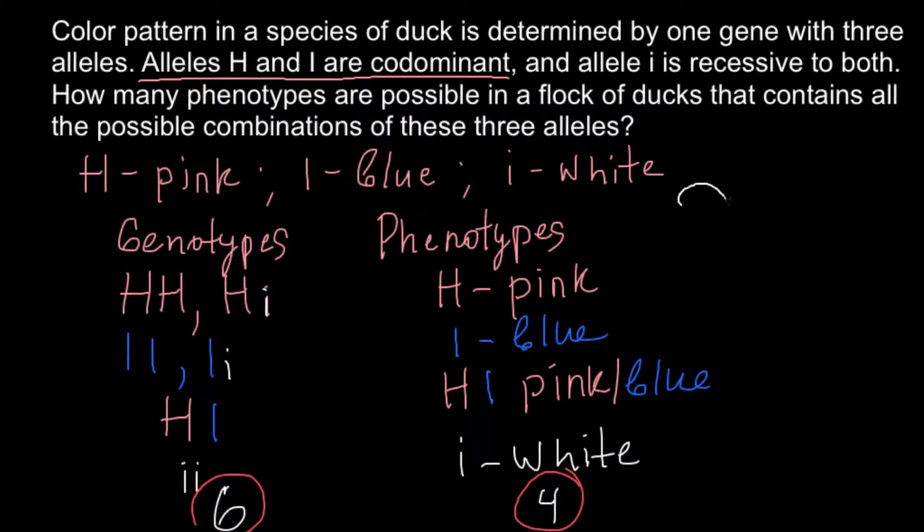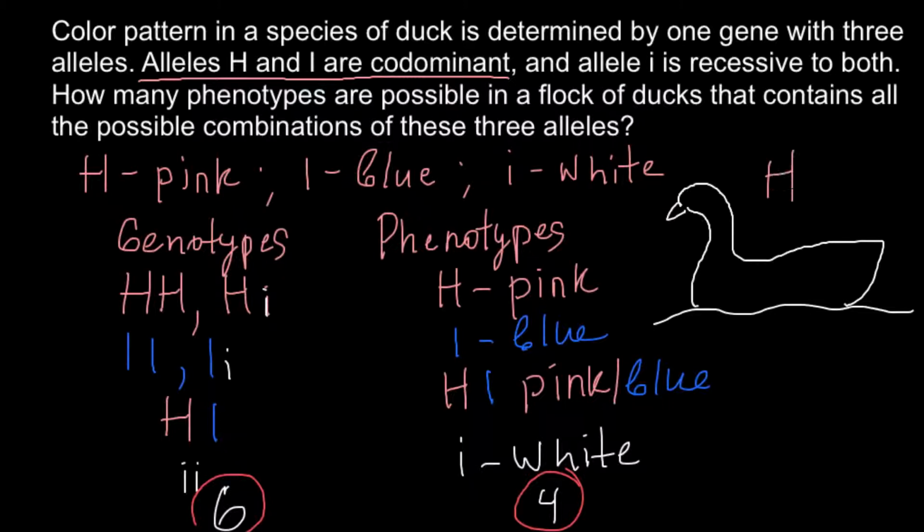It means, for example, if we have a duck with these two alleles, capital H and capital I, so this is going to be the genotype of the duck, the pattern would be just patches of blue and patches of pink, but these two colors are not going to mix, so this is going to be spots of just two colors.